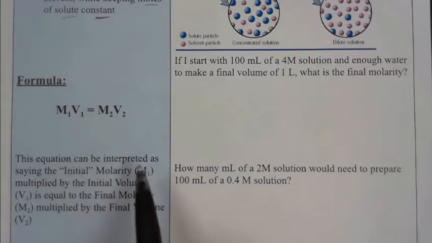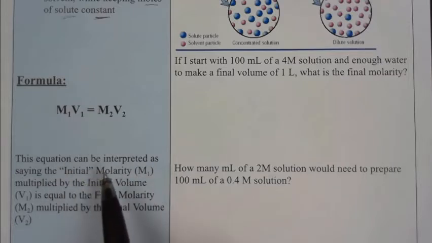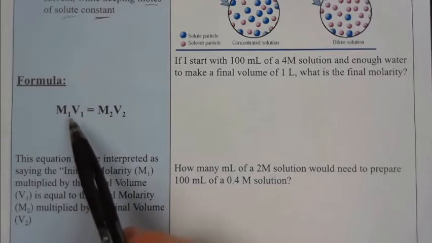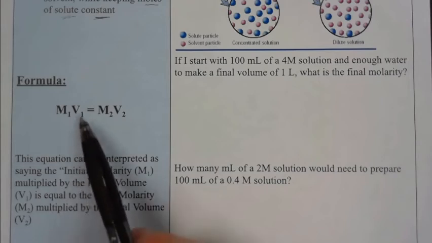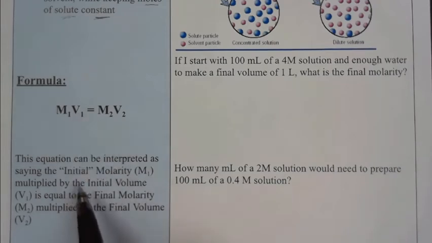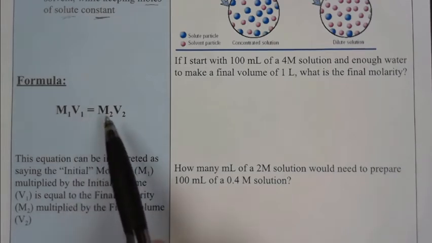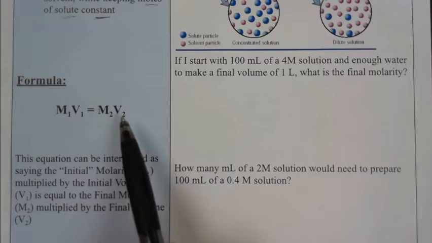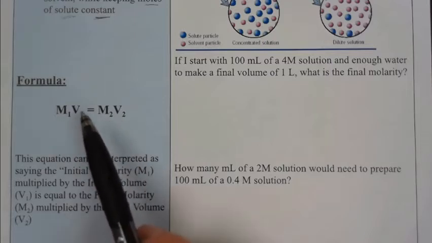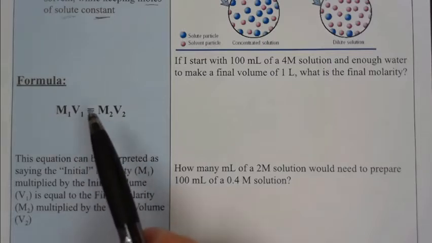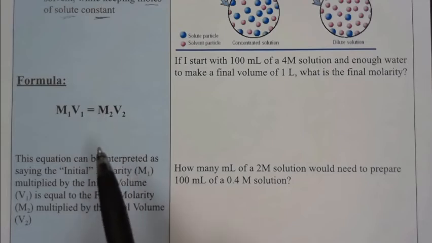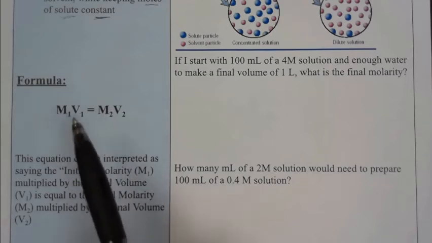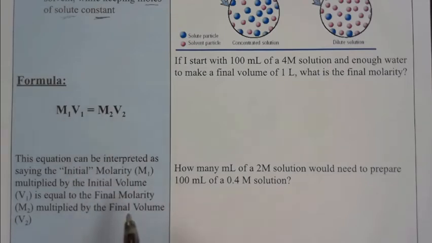So the equation says the initial molarity, M1, multiplied by the initial volume, V1, is equal to the final molarity multiplied by the final volume. Because molarity times volume gives you the moles of solute, and because it's constant, that allows us to bridge the before and after conditions using that equation.